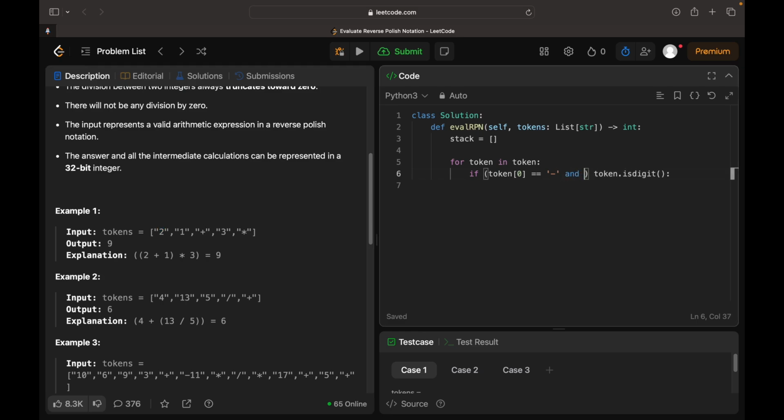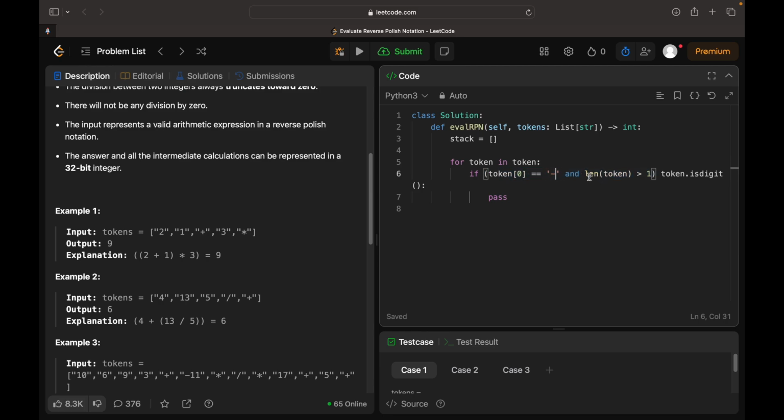And if the length of this token is greater than 1, then for sure it is a negative number. Because if we just check that, hey, if token is equal to negative or minus, you're saying that you're checking for an operand, or sorry, an operator, but we want to check for an operand, right? So you have to check just the very first character if it's minus.